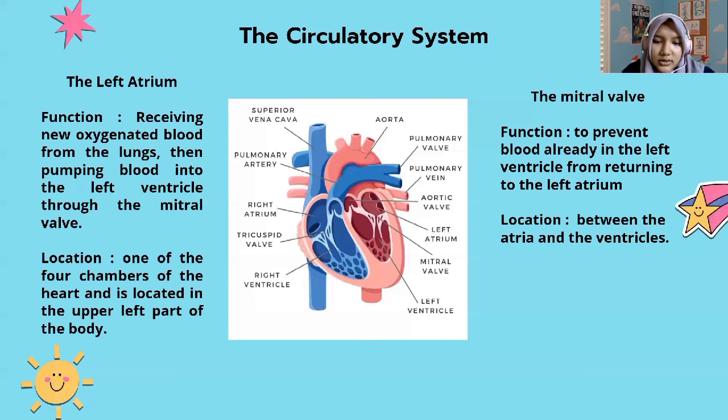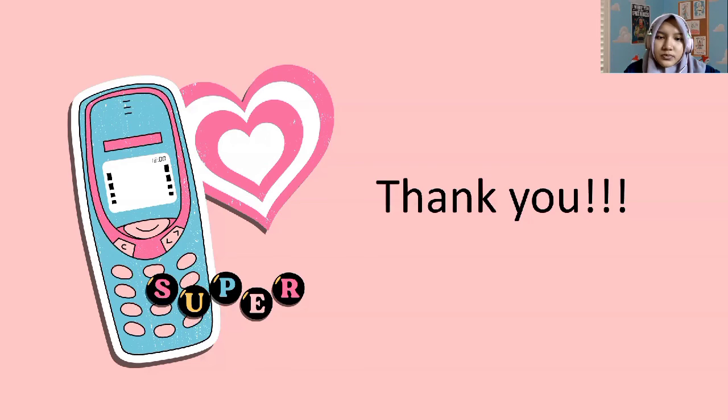The mitral valve and the tricuspid valve are known as the atrioventricular valves because they lie between the atria and the ventricles. So the function of the mitral valve is to prevent blood already in the left ventricle from returning to the left atrium. And the location is in between the atrium and the ventricle.